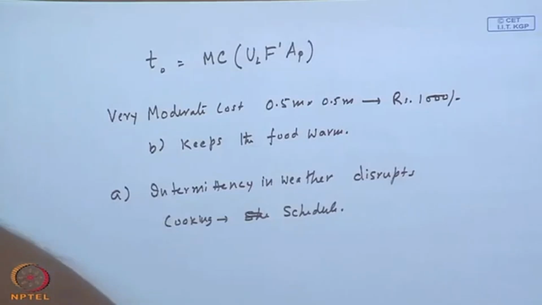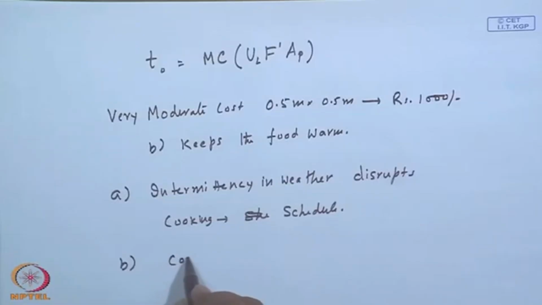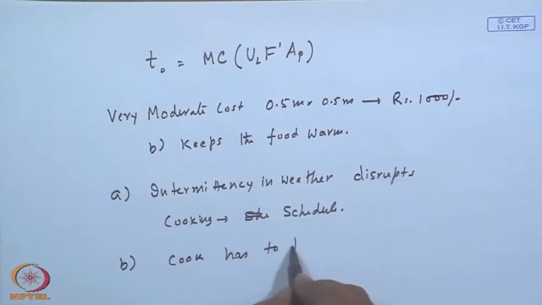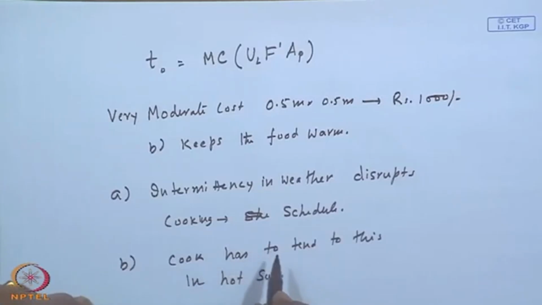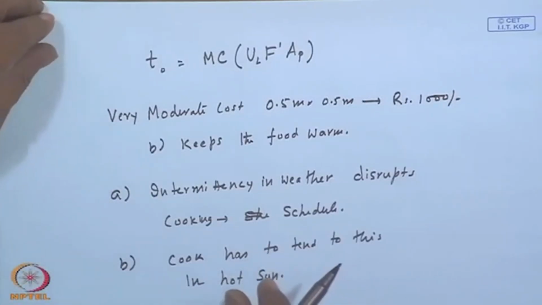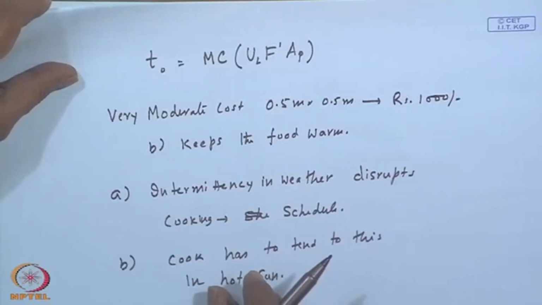So, the cook has to tend to this in hot sun. When it is working nicely, and if you want to adjust, even if it is once in 5 minutes, you can't take a chance.